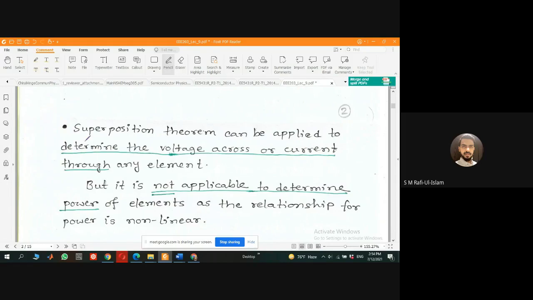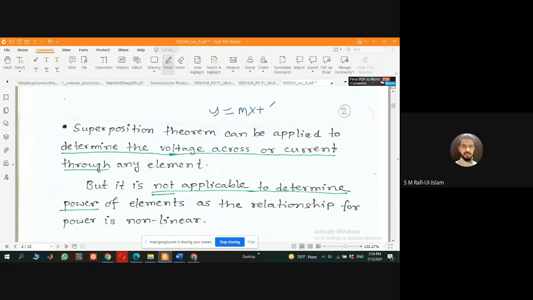But remember, the superposition theorem is only applicable for a linear circuit or linear circuit elements. That means if I have a voltage and current relation which can be represented by y equal to mx plus c, where y could be voltage or current, and x could be voltage or current, then we can use the superposition theorem. Otherwise it will not be applicable.